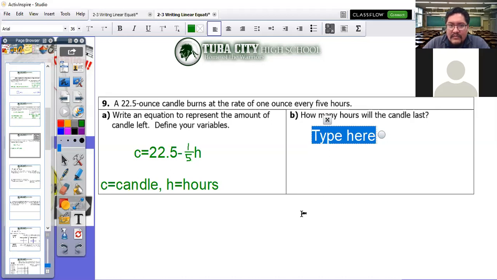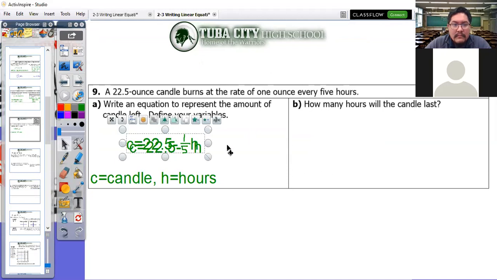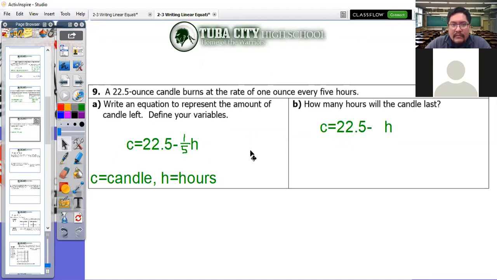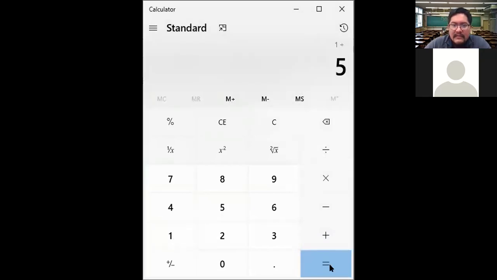So to do this one, let's take our formula again, and I am going to switch over to my calculator. Okay, now I have 1/5, because it burns 1 ounce every 5 hours.